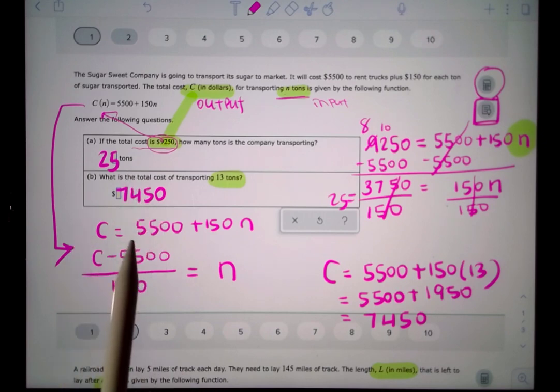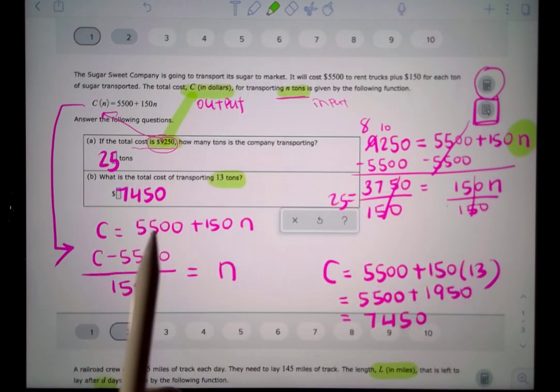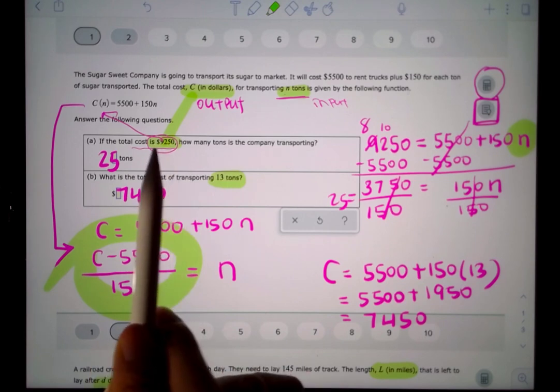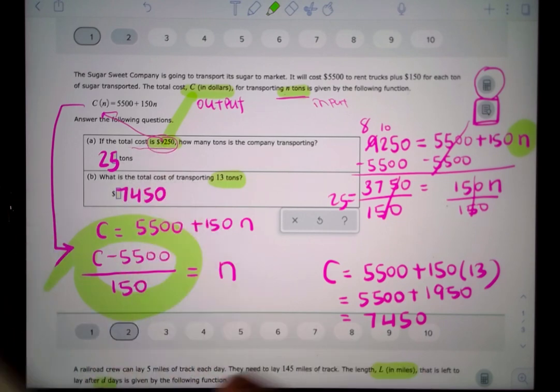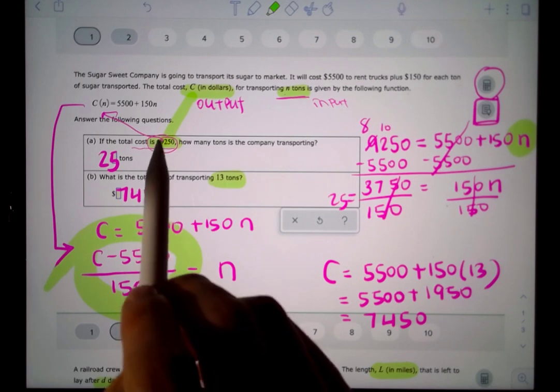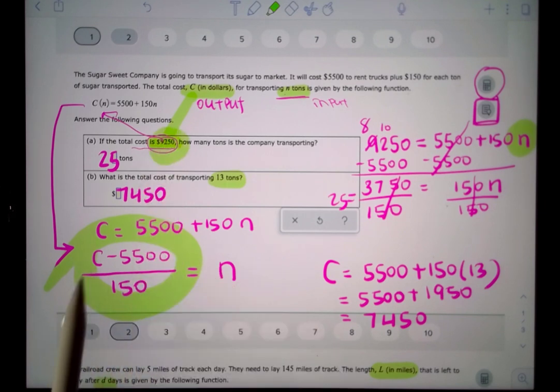But if you find your inverse function like this, if you already have it, then what? Once you get this output, that becomes your input for the inverse function, right? So you just put this 9250 into C. Okay? Look, it's the same calculation though.